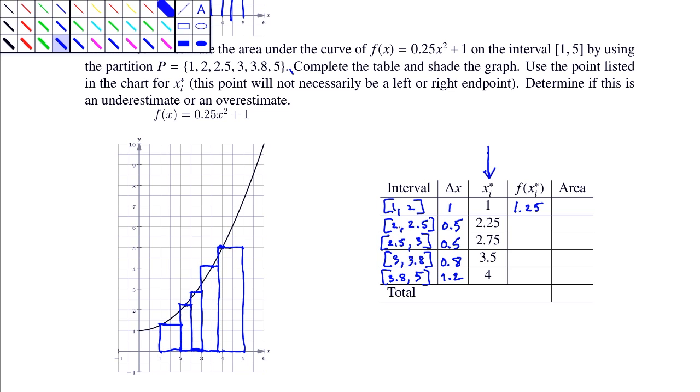So the f value would be 2.27. And then the next xi star is 2.75. That's 2.89. 3.5 is 4.06. And then 4 is 5.